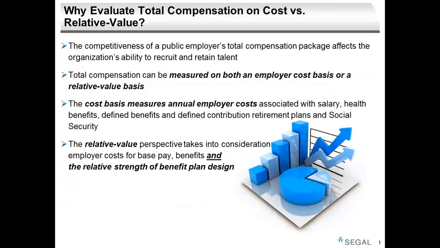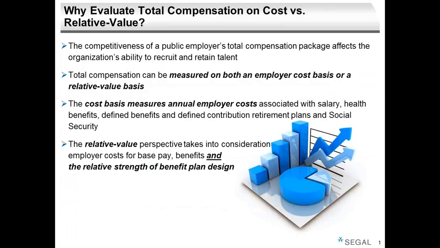We would look at what other employers are paying for folks in similar jobs, compare it to our own compensation, and determine whether there is any gap between whether we're paying below market or at market or above market. But in fact, the total compensation offered by public employers is much more complex than that.